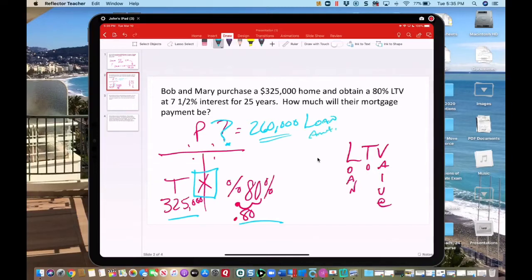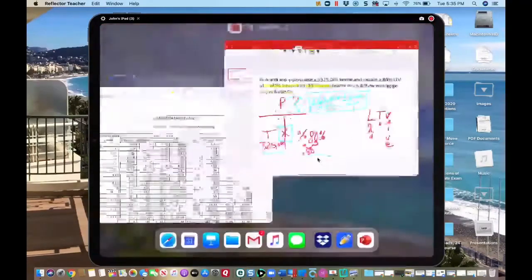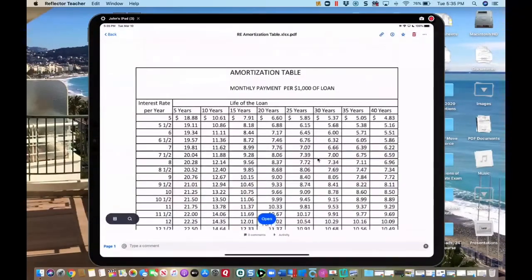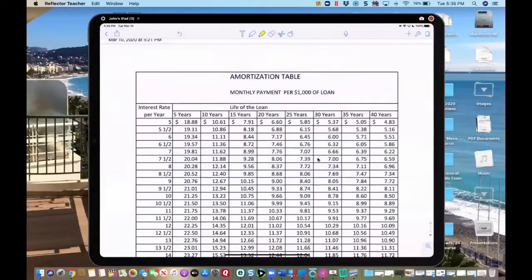Okay? Now, we know the loan, don't we? We have to get that number before we can work the table. Now the other two things we have to look at is what's the interest rate, 7.5%, and how many years, 25. So let's go over to our table. And we were at 7.5%, and we were at 25 years.